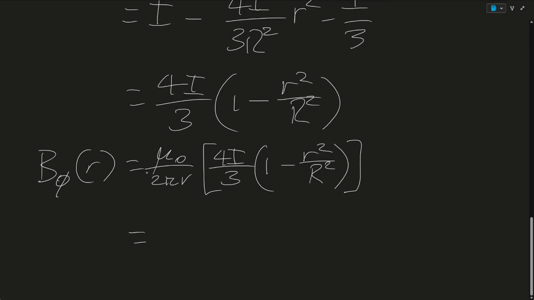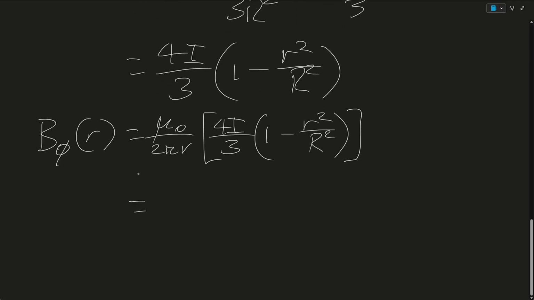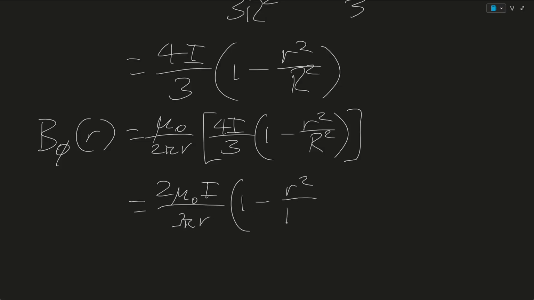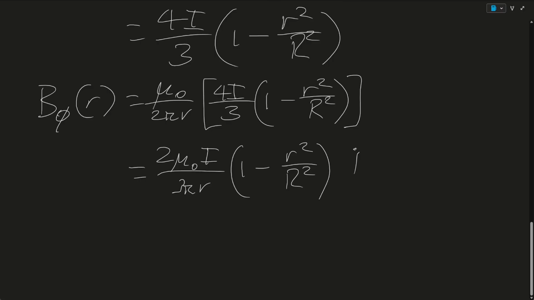Which should yield a similar-ish result to the last one, if I use my brain: 2 mu naught I over 3 pi r times (1 minus r squared over R squared). Right. And this is for R over 2 less than r less than big R. Cool.